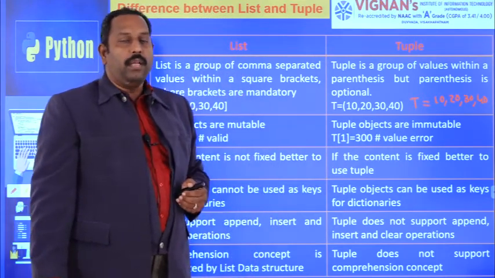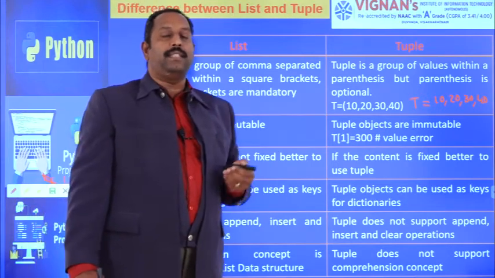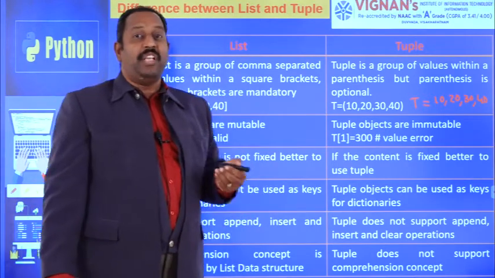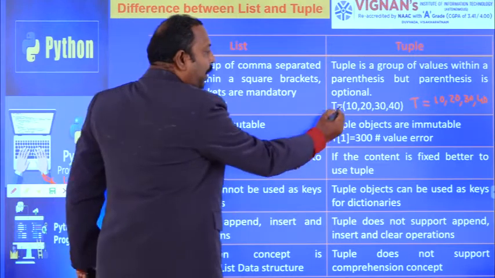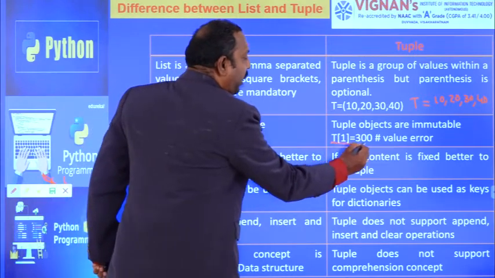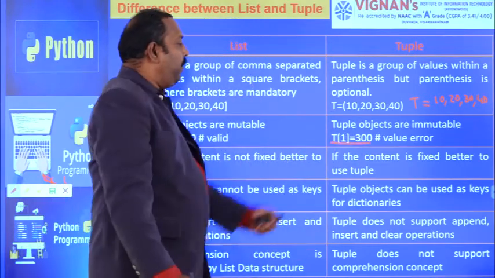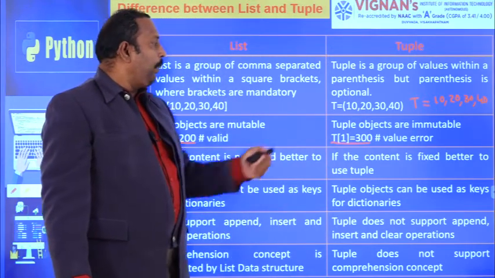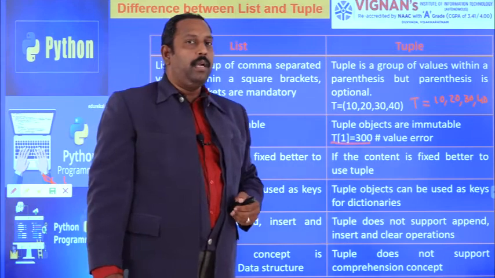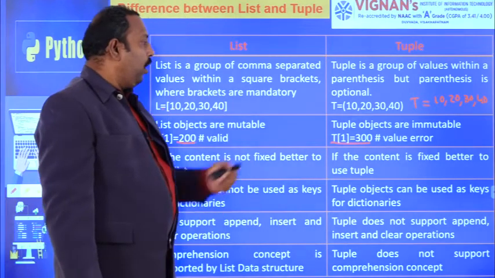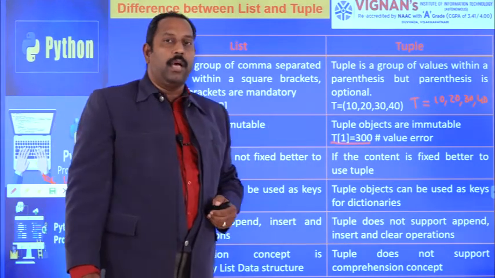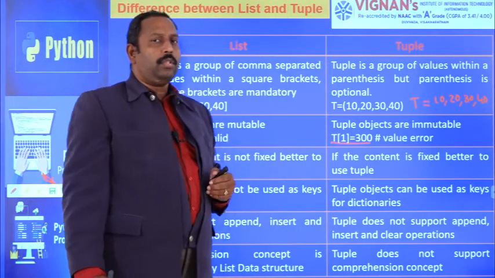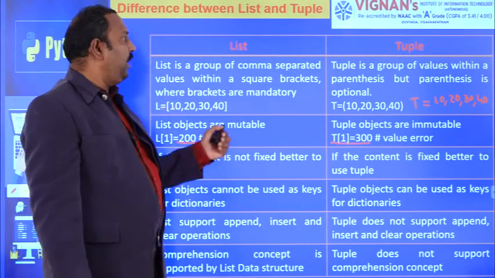That means the elements in the tuple cannot be changed. For example, with the same tuple, t of 1 equal to 300, you will get an error. We cannot update tuple objects because they are immutable. So this is the second difference between list and tuple.